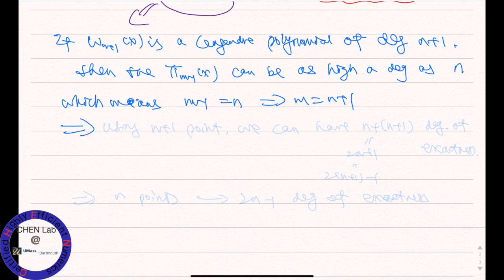So what we concluded is that using n plus 1 points, we can have n plus m, where our m is n plus 1, degree of exactness.